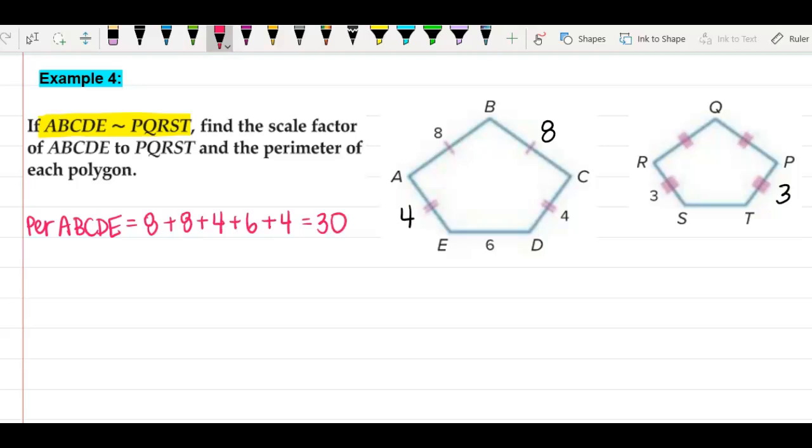Okay, so we have one of the perimeters. We still need to find the scale factor and the other perimeter. Well, if they're similar, all of these sides should have the same scale factor. So we could say that the perimeter of ABCDE is proportional to the perimeter of PQRST.